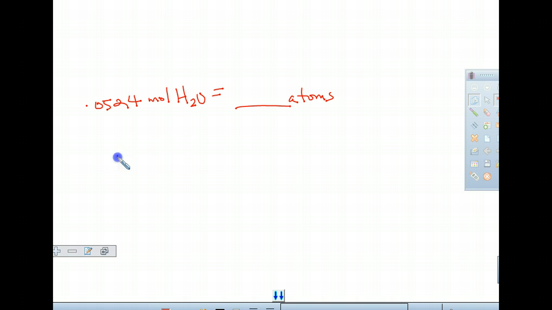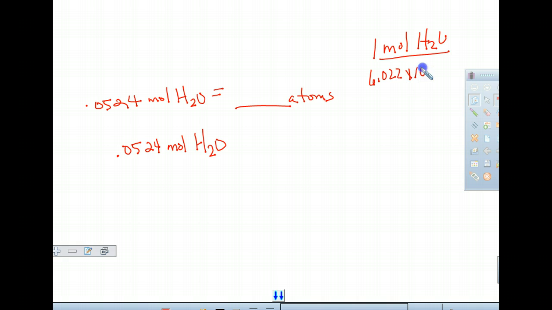Okay, write down what they give me, 0.0524 moles of water. And if I come over to the side, I know that 1 mole of water will always be Avogadro's number, 6.022 times 10 to the 23rd atoms of water.